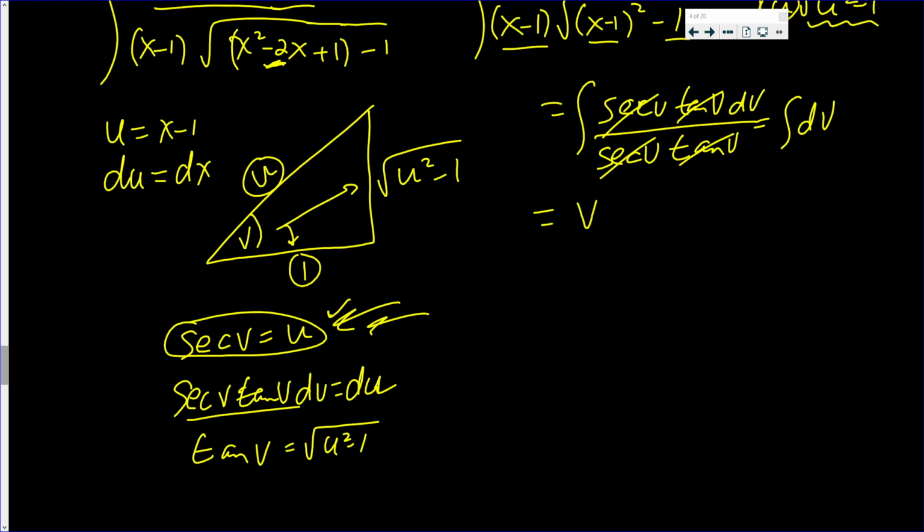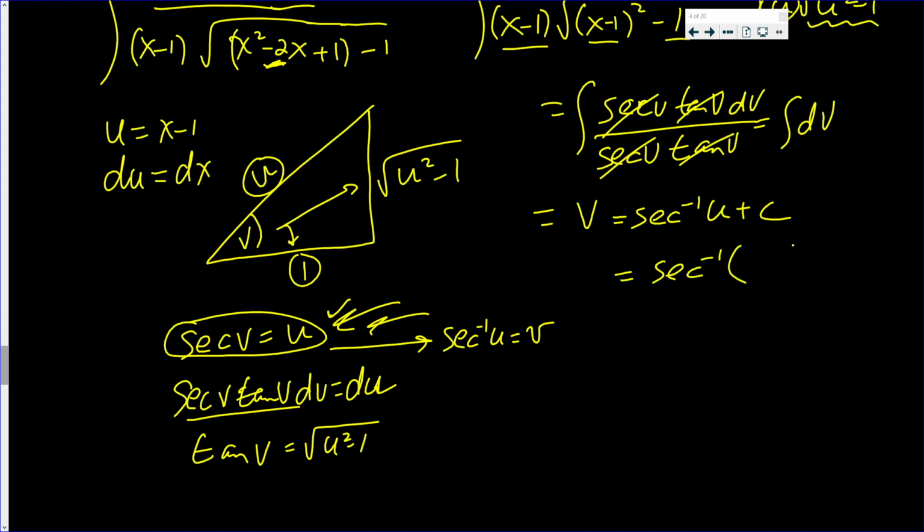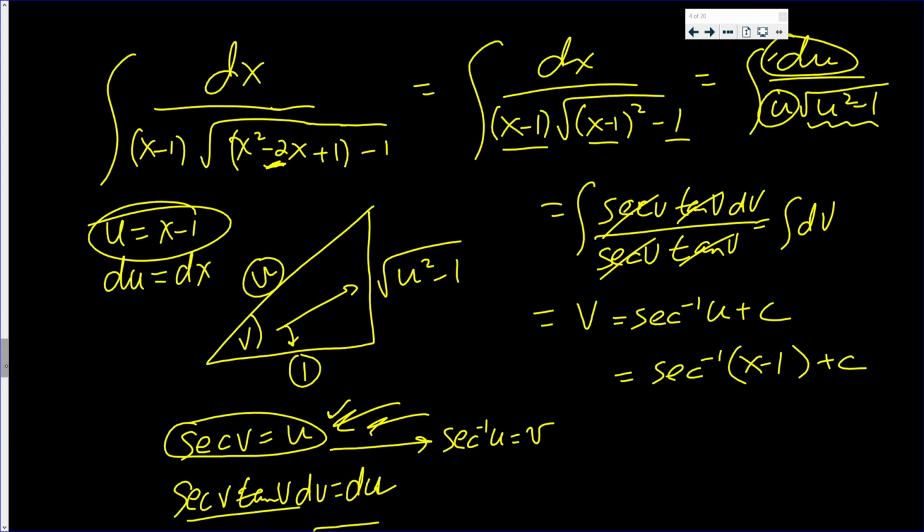So what is v? Well, secant inverse of u is v. So this is secant inverse of u plus c, which is secant inverse of whatever u is plus c, and u is x minus 1. And there's your answer. Okay, it turns out that the integral of this, people actually remember.